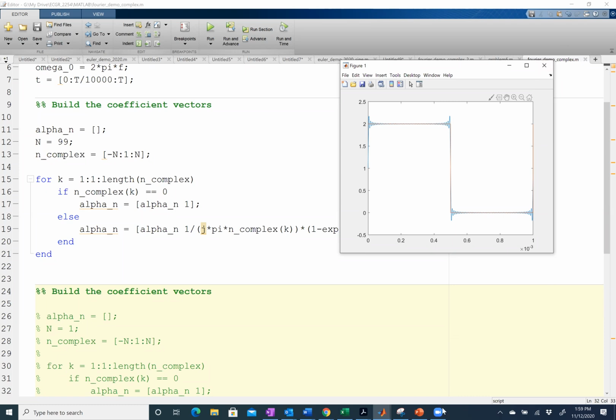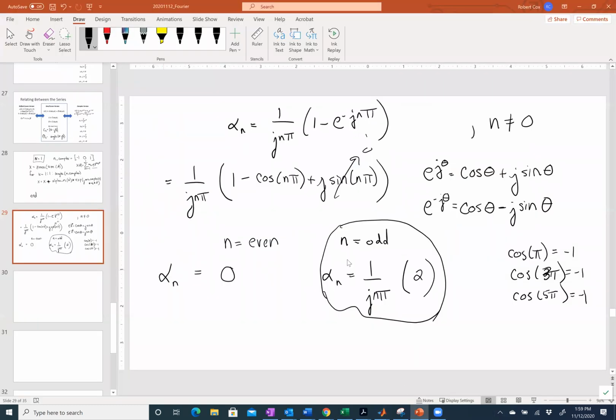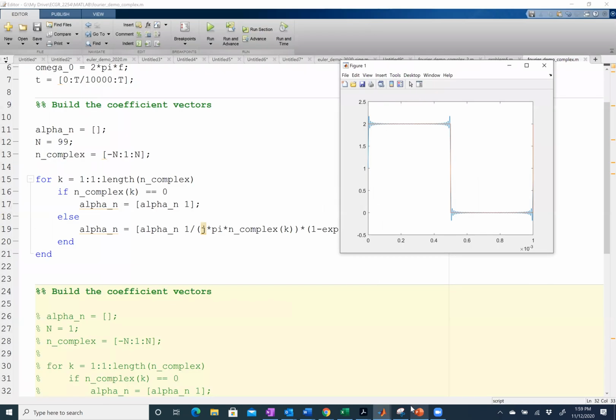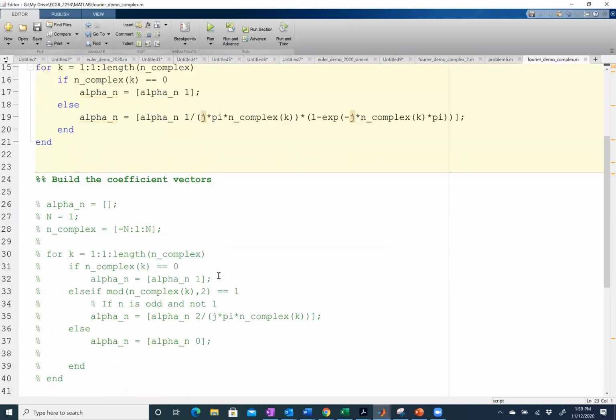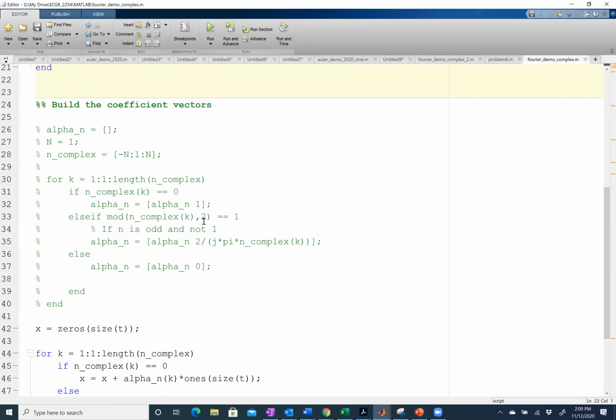Okay. All right. So in general, I will usually ask you to figure out alpha n values, because again, I think the math becomes a lot easier when you're figuring out the alpha n values. And this simplification that I did here, so what you could have done, and that's actually what I have in this comment here that I didn't use, was if you look at what I have here, I actually used the simplifications. And I did some stuff to say, well, if n is an even number, put in 0.